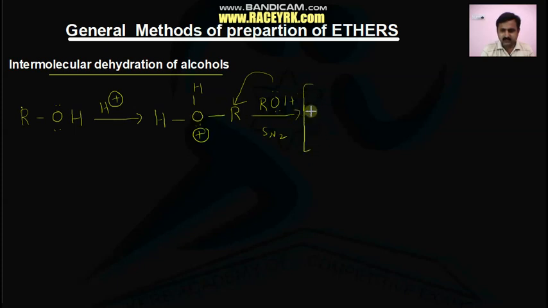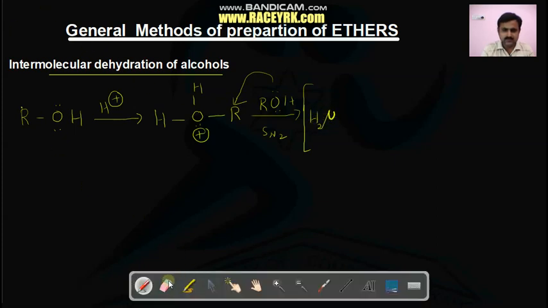Then this will become H2O positive. Sorry. Okay, this will become H2O positive. This is positive, and it has a partial bond with the alkyl group R here, whatever is shown. Again one more oxygen with the positive charge will be formed.